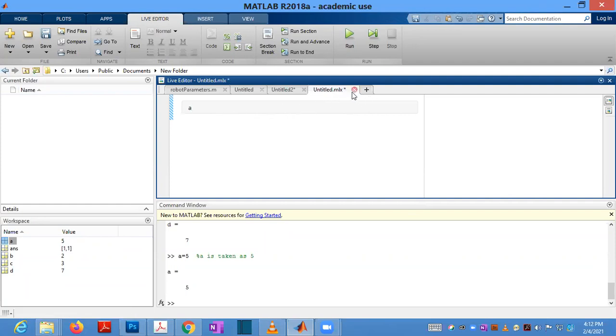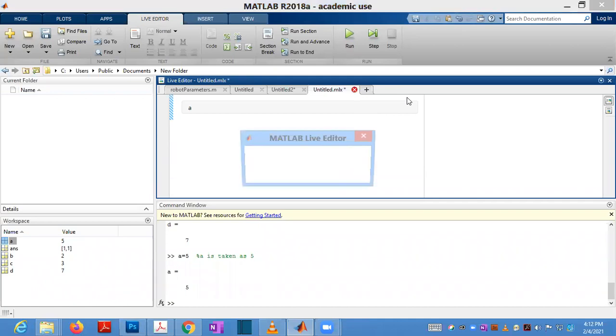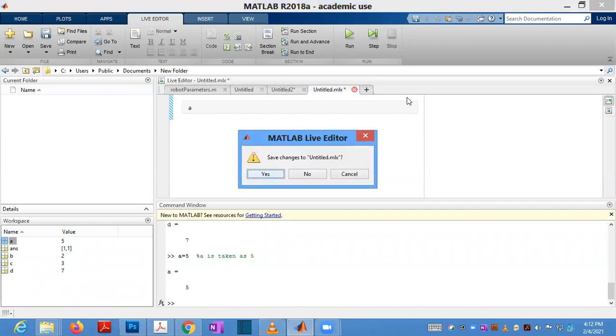Most of the time you use the script file for entering the variables and other things. A live editor you are not using much, but if you are saving on a server or something, you can use the live editor.